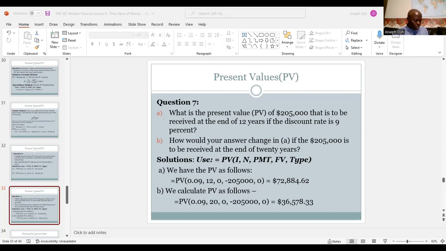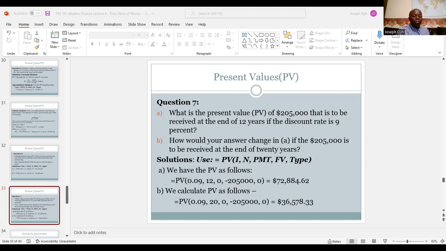Number of periods is 12 years. No payment. Amount negative 205,000. Type, at the end of the period, so I put 0 there.